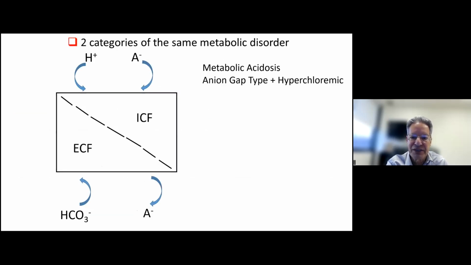There's another subtlety which is confusing to people, and that sometimes you'll see attendings say you have a gap and a non-gap metabolic acidosis, and that's not usually that common. It's pretty uncommon to have diarrhea and ketoacidosis, or RTA and lactic acidosis, whatever the initial cause might be. It's far more common in the setting of an anion gap metabolic acidosis to have what's called a hyperchloremic pattern.